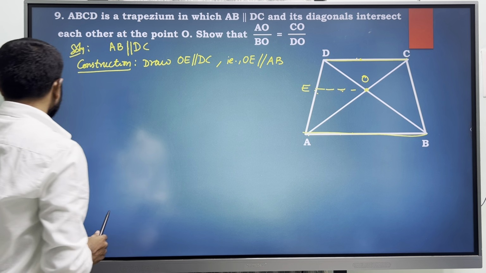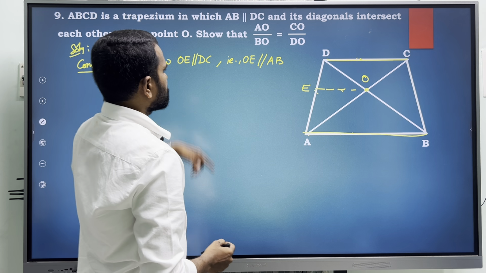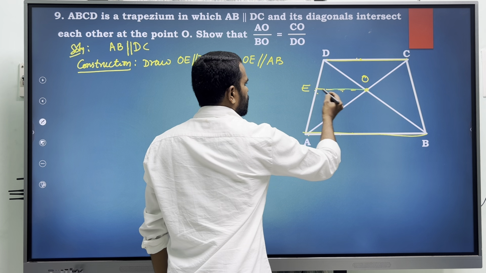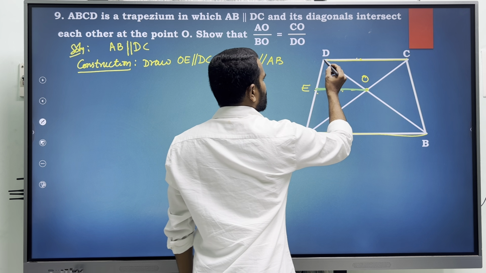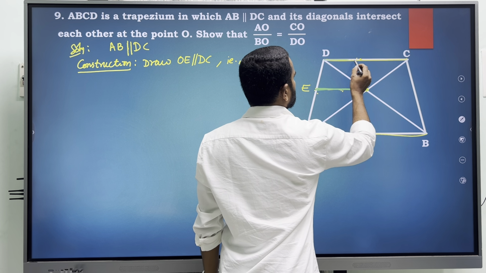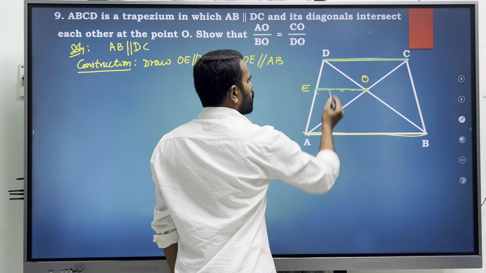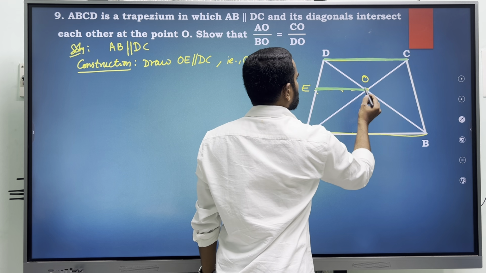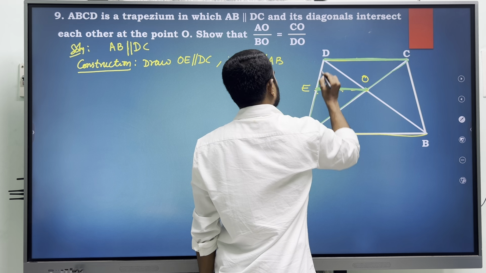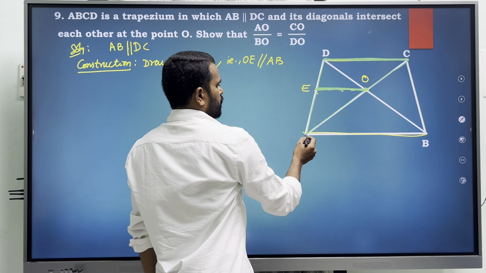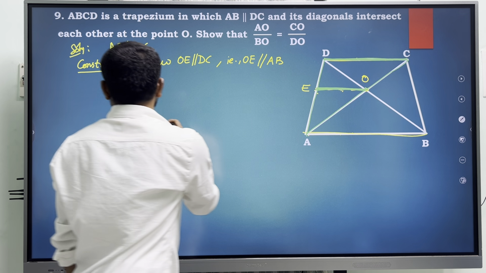So let us do a small thing here. I have taken this side OE. Now let us take this particular side, DC. If I take these two sides, the triangle that forms is ACD.